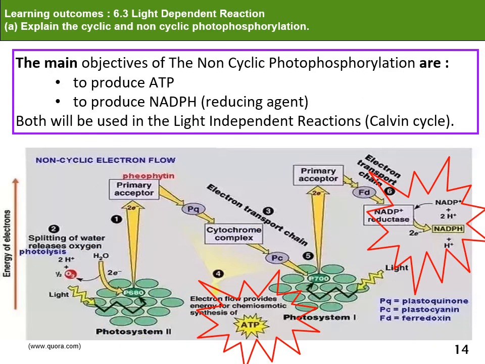So the main objective of non-cyclic photophosphorylation is to produce ATP and also NADPH that acts as a reducing agent. Both will be used in the light independent reaction, the Calvin cycle.